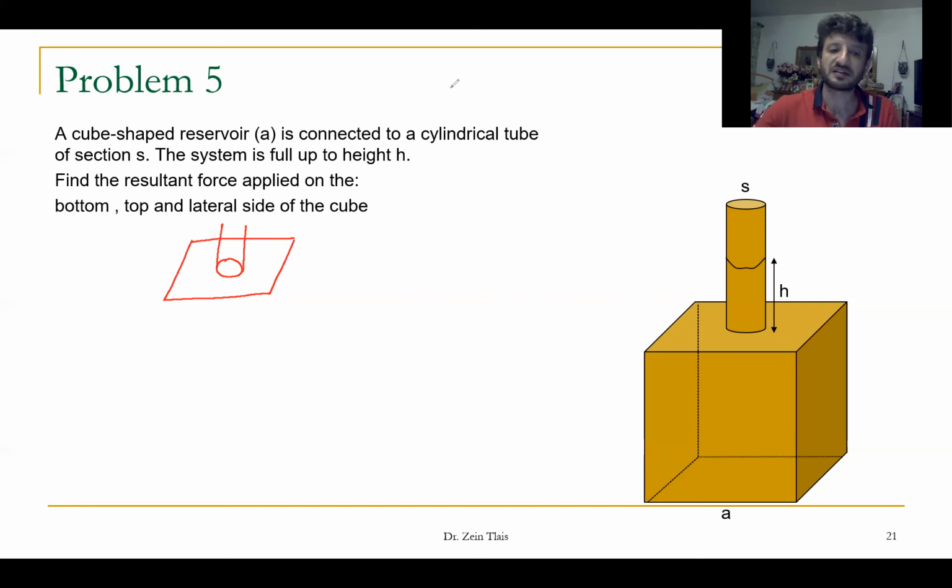So if I take only the top of the cube, we have the total area minus the small one.